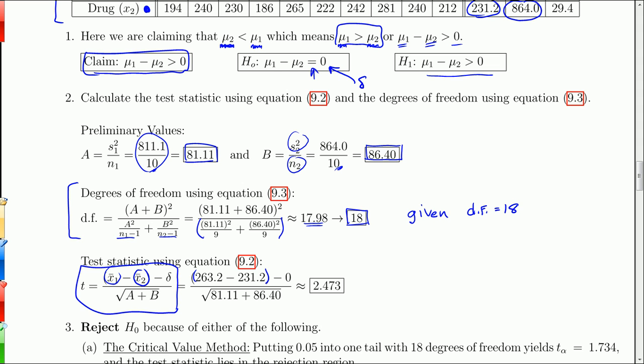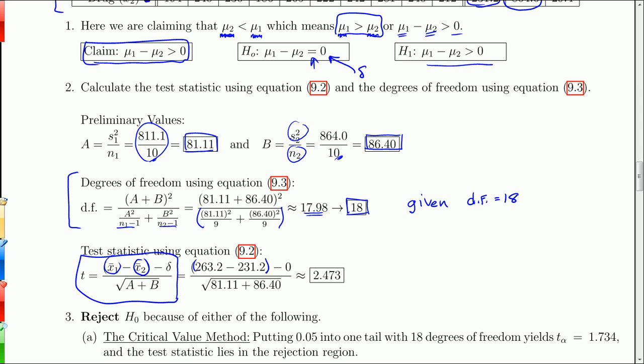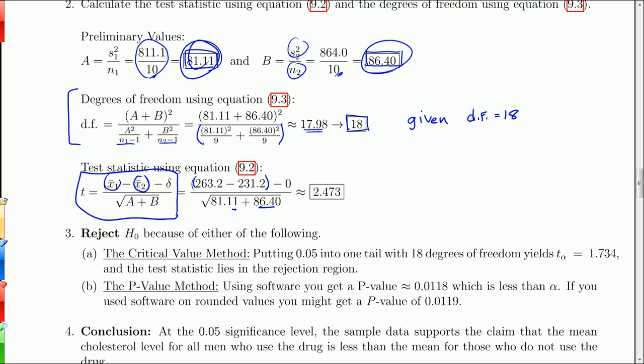Sometimes if we're testing a claim where the difference is greater than, say, 20, we'll have a 20 in there, but in this case it's just 0. Then we divide by the square root of A, 81.11, plus B, 86.40. So there's our test statistic. It took a little while to get there, but it's 2.473.